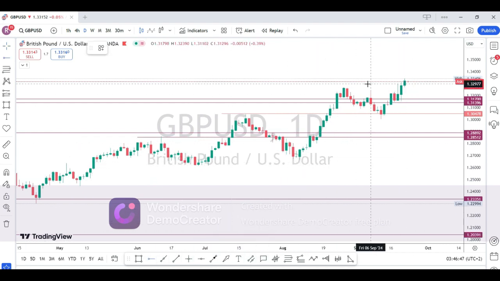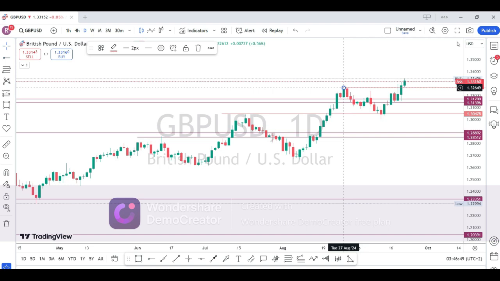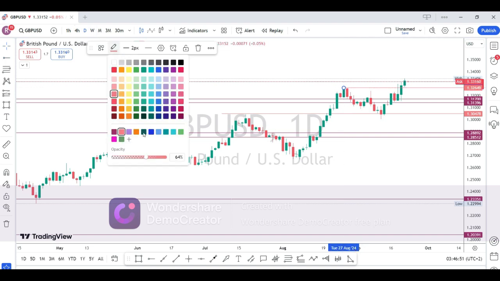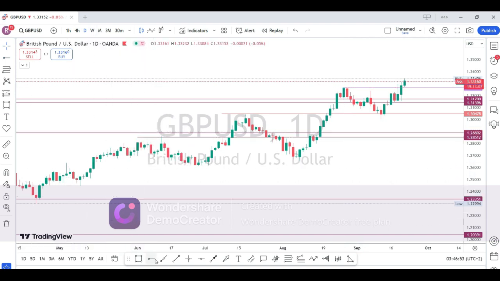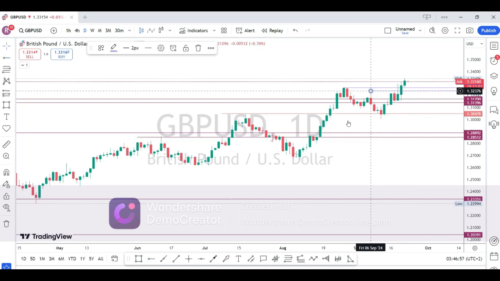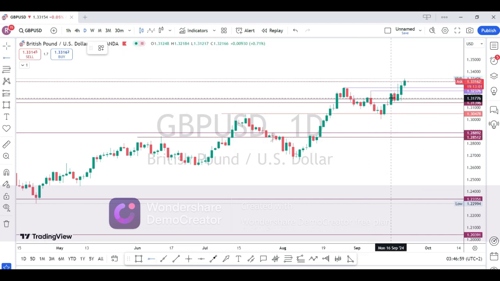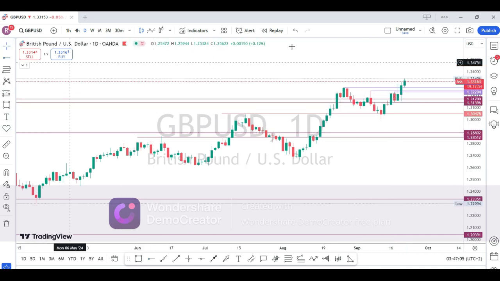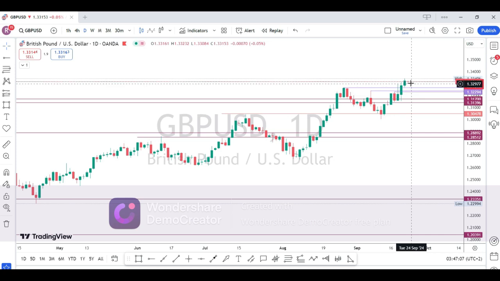From the daily time frame, we'll mark our resistance here, and we will also change the color. So we will watch this currency pair, if the market will come back and retest this level we marked right now.